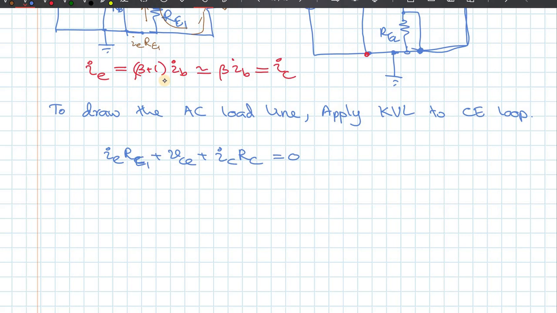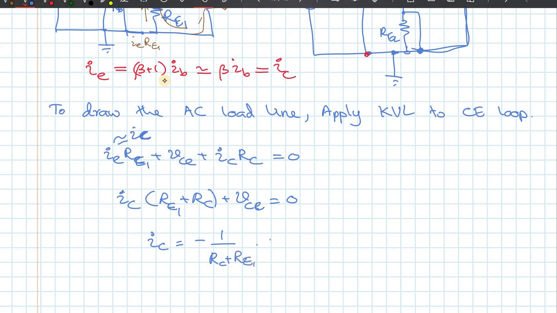There is no voltage source. So therefore, if IE is roughly equal to IC, I have IC times RE1 plus RC, plus VCE is equal to 0. So therefore IC is equal to minus 1 over RC plus RE1 times VCE.